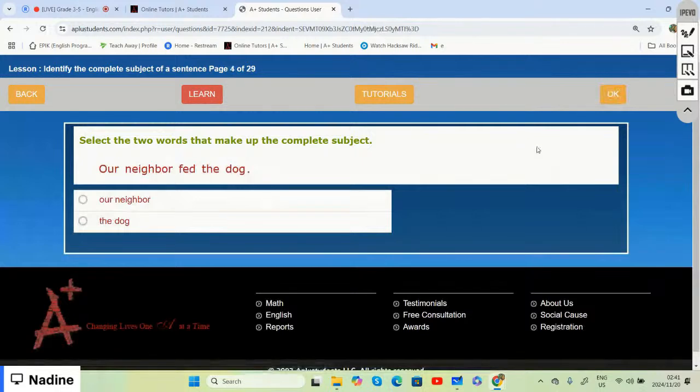All right. The next one says, our neighbor fed the dog. We now need to identify the complete subject. We need to select the two words that make up the complete subject. Option one, our neighbor, or option two, the dog.